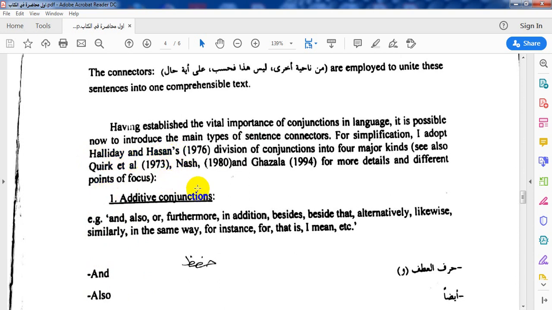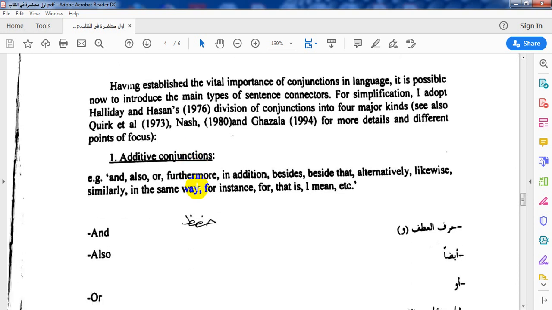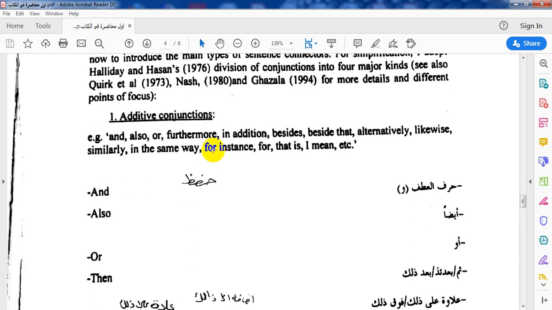So the first type of conjunctions or connectors is additive conjunctions. We mean here, when we want to add a new idea to the text, we use those connectors.